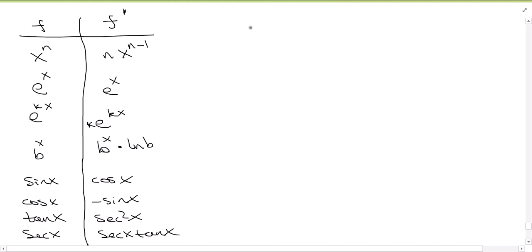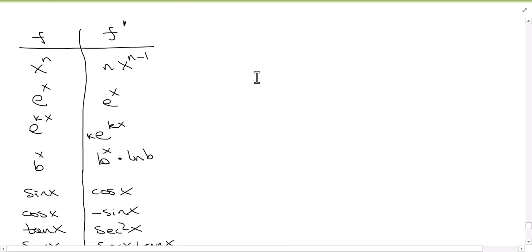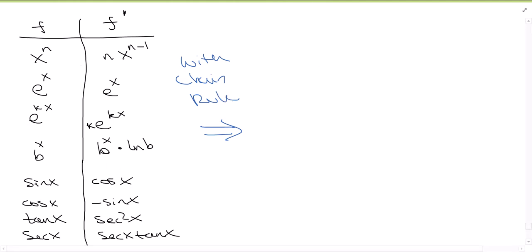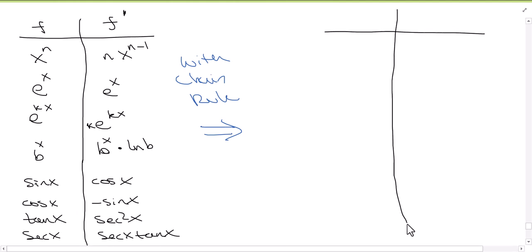Now, with the chain rule, what does this become? So let me create the same sort of table. With the chain rule, that means it's not just x.